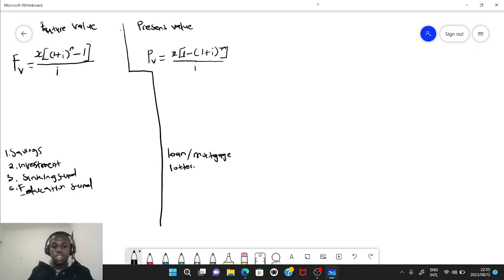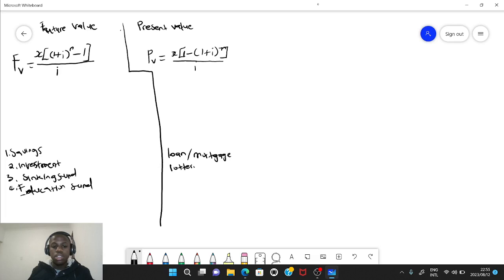Now we have these variables assigned to these equations, right? So in this case, i remains to be the interest, right? And then n remains to be the period, or what do we call the number of payments. n is the period or number of payments, right?